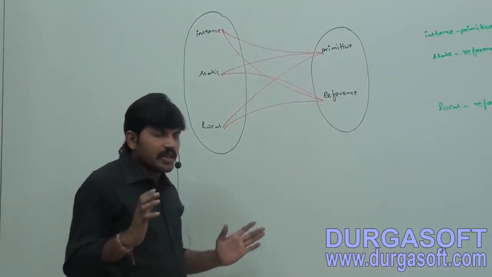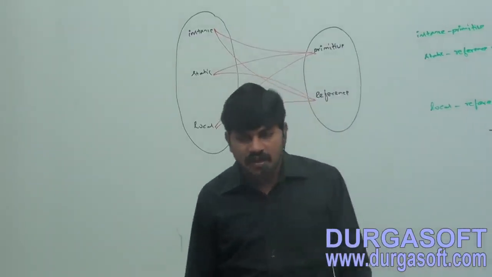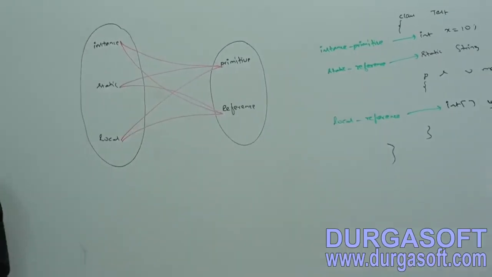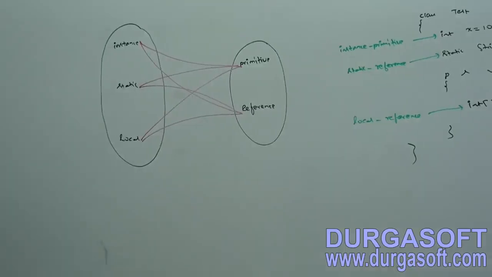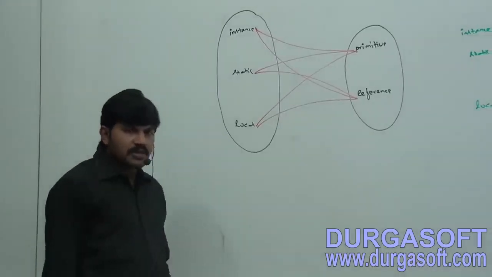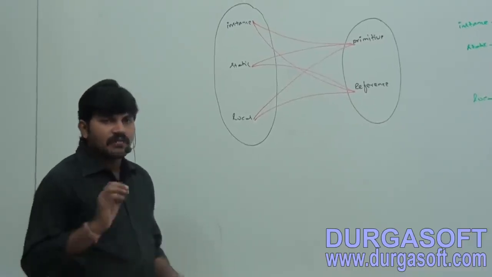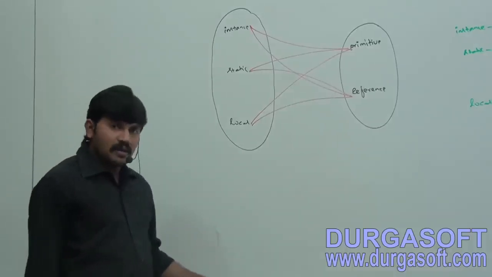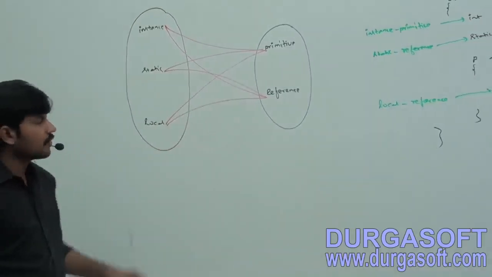Hence, the various possible combinations of variables in Java are: take this diagram.